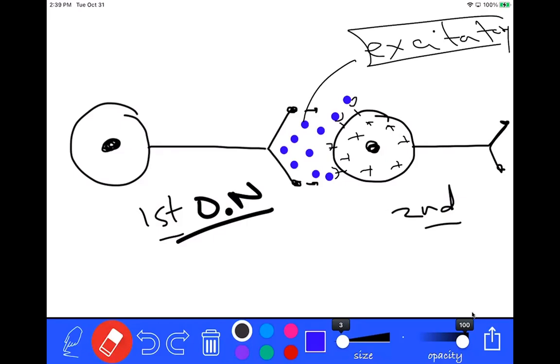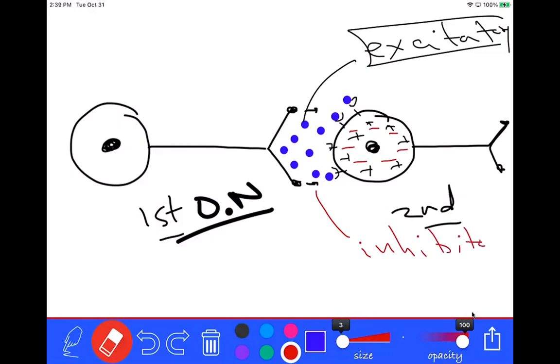But sometimes, as a result of the interaction between the neurotransmitter and the receptors on the second neuron, you get more negativity inside the second neuron. So the second neuron will be put to sleep. In this case, we consider this an inhibitory scenario, and we consider the neurotransmitter in this case an inhibitory neurotransmitter.